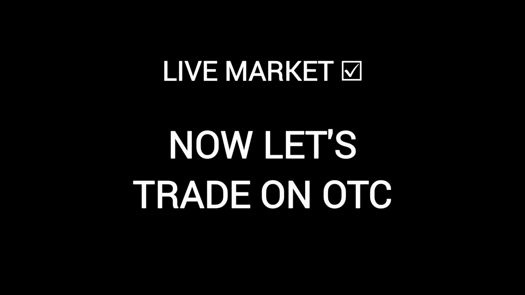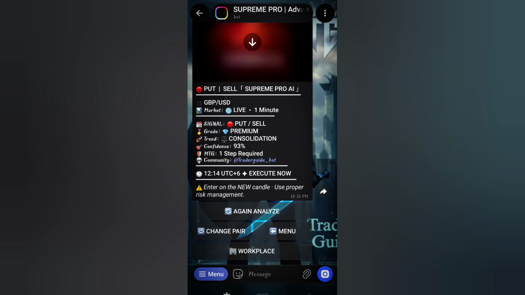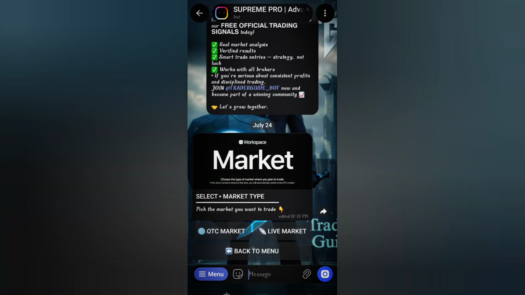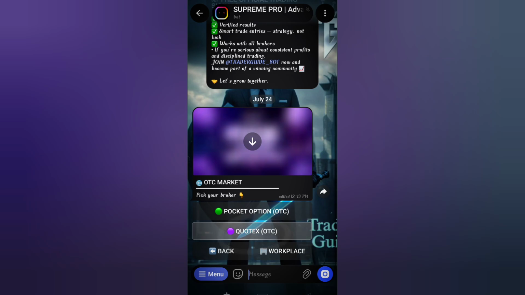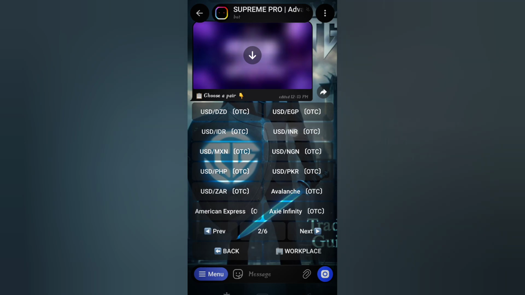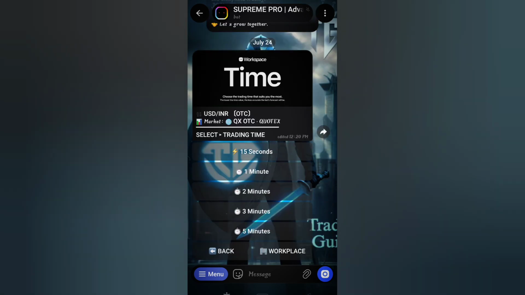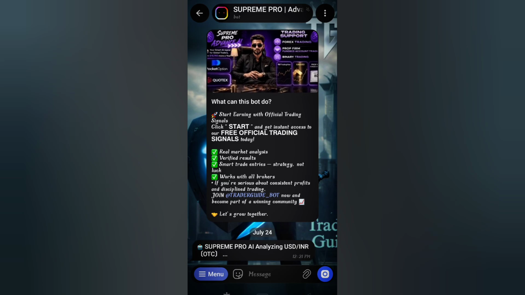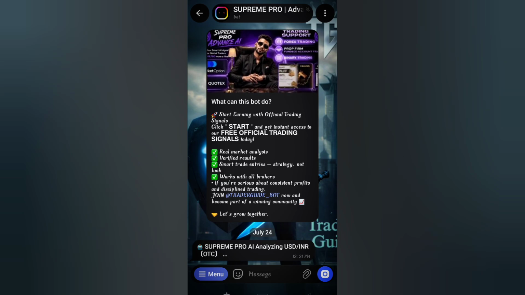Now let's trade on the OTC market. On the bot, click OTC market. Click Quotex OTC, because binary funded broker OTC and Quotex OTC are the same. Now choose any OTC market and trading time frame, same steps. Bot analysis, USD INR OTC.